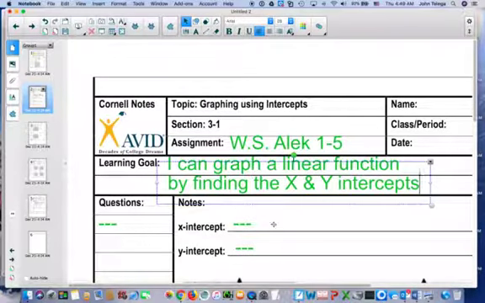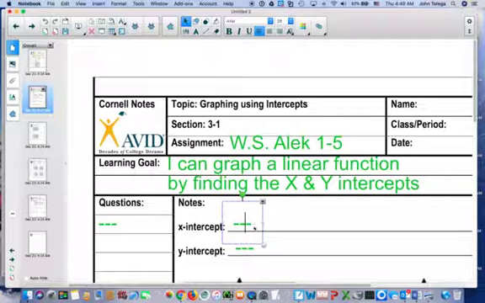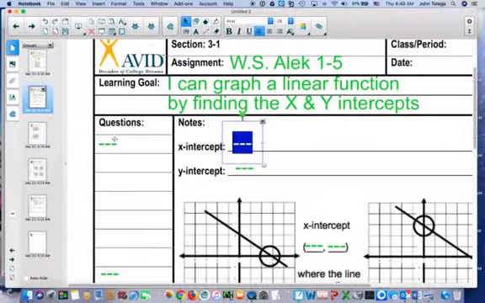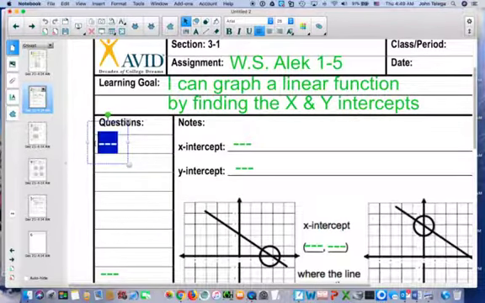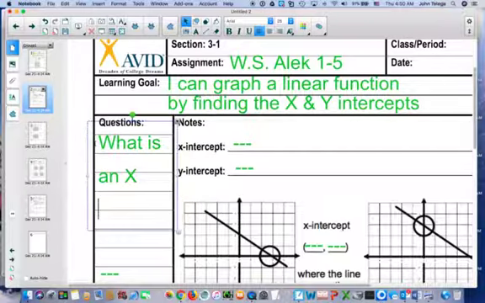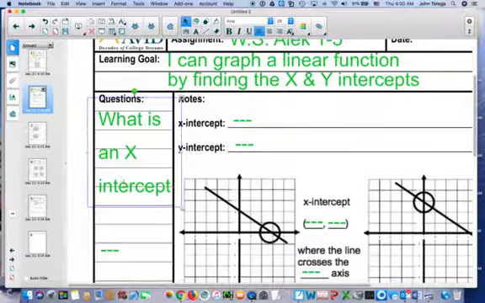Okay, and our x-intercepts, we should maybe go through the questions quick too. Pretty easy. What is an x-intercept? What is a y-intercept?